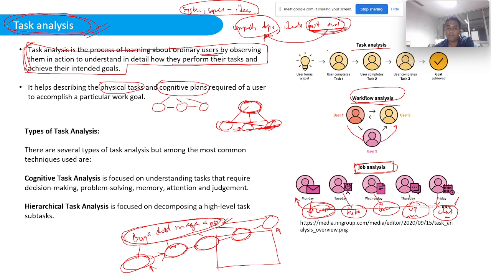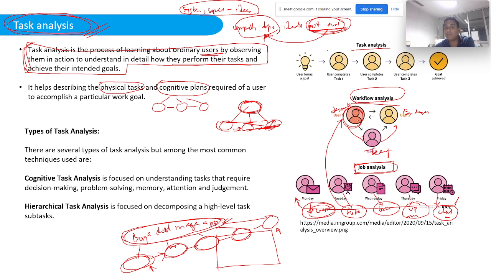For example, if you want to understand field study as a workflow analysis, then probably there is a designer involved, then a team leader involved, then probably the end user involved. What we try to understand is what these activities among the stakeholders are and how they are related to each other.